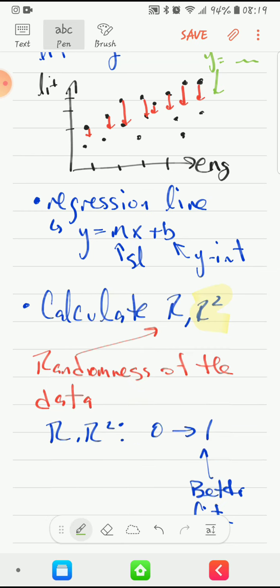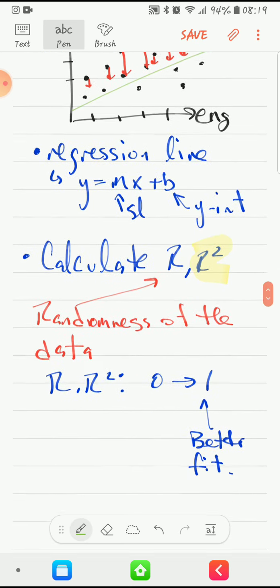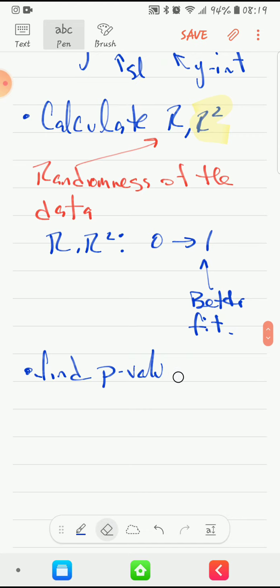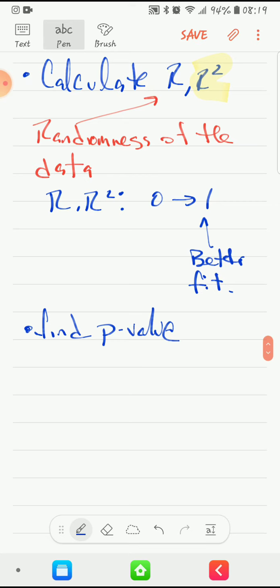So that's r squared. Once you find your r squared, then you basically find your p-value from there. Last but not least, you find your p-value. All of this I'm saying with the understanding that you can use an Excel package to do this, so I'm not talking about the equations that do it. So you find your p-value. If your p-value is bigger than 0.05, then you can say that they're not strongly correlated.